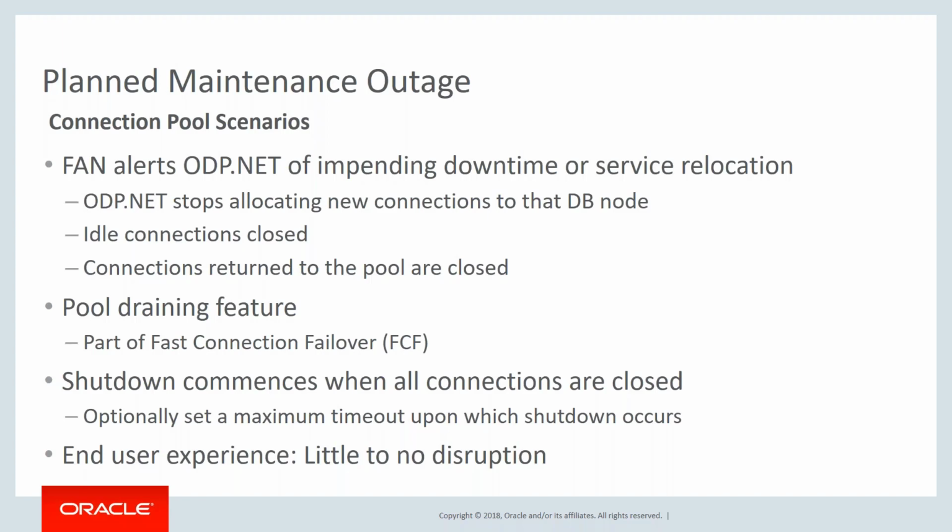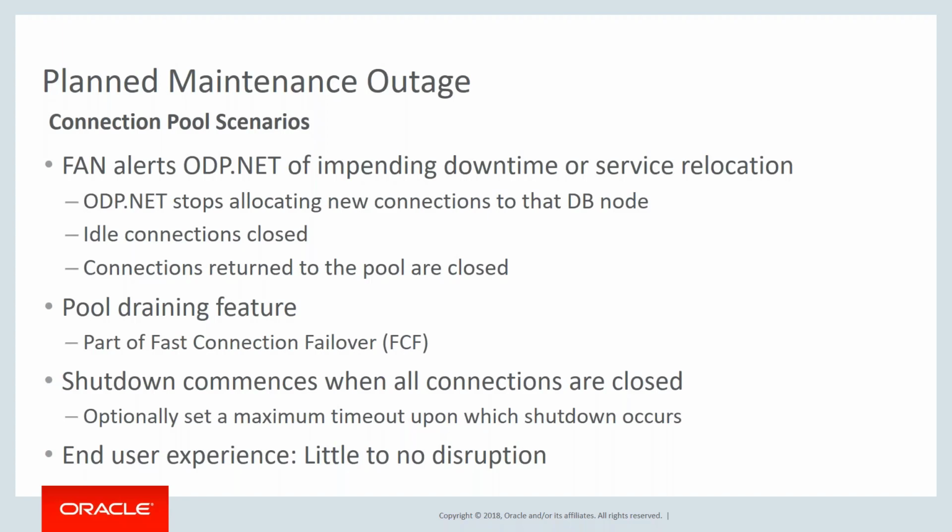Lastly, anytime someone returns to the pool any connection to that node, that connection will then be closed and disposed. So when the message occurs, the first two things happen, which are stopping allocation of new connections and closing idle connections, so that no one gets any connections to that node going down.